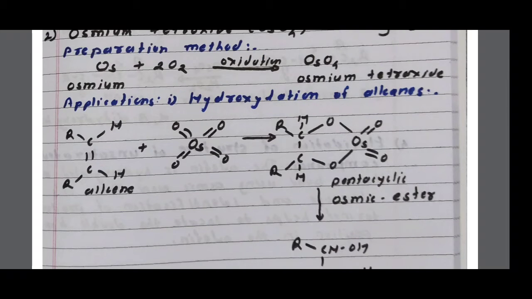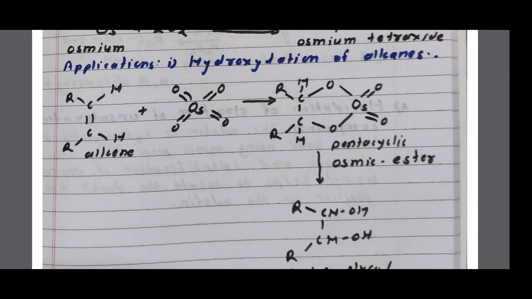Therefore, I am taking a general formula: alkene, RCH double bond RCH, plus OsO4. Here the osmium is in the middle with four oxygens around it. Therefore, alkene plus osmium tetroxide gives formation of a pentacyclic osmic ester.